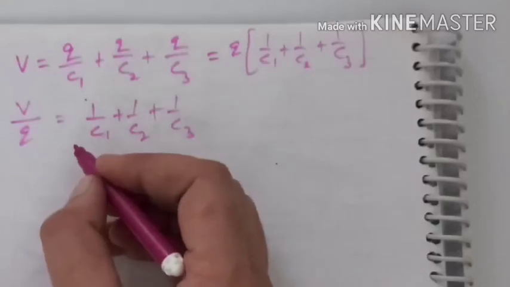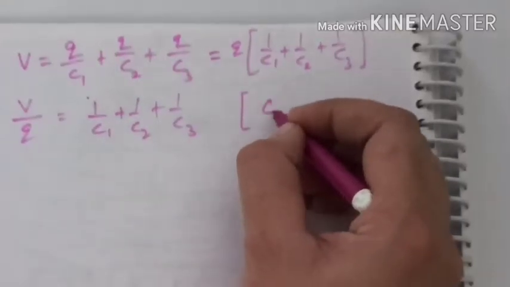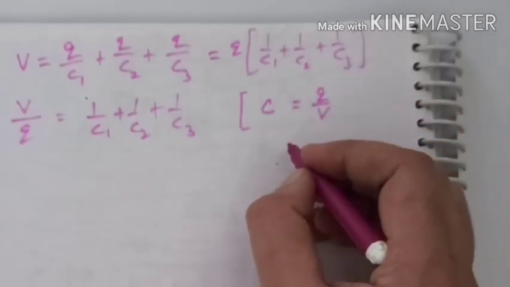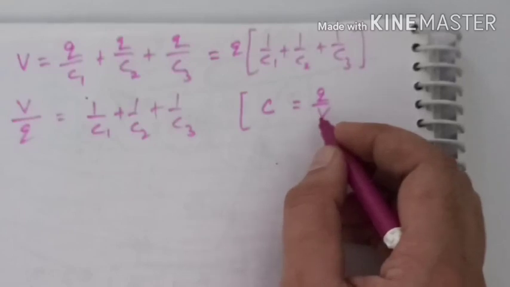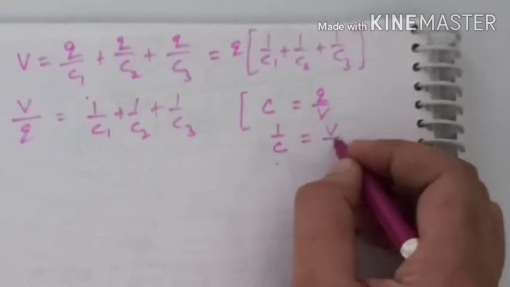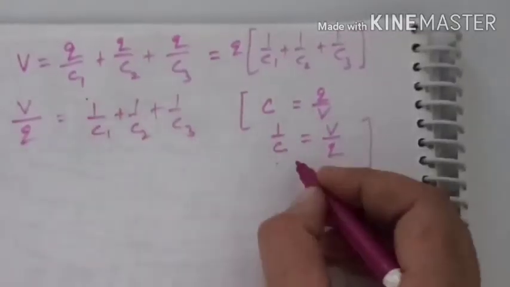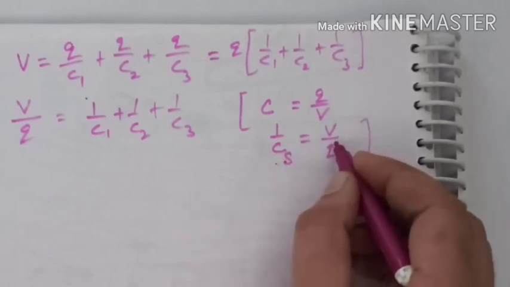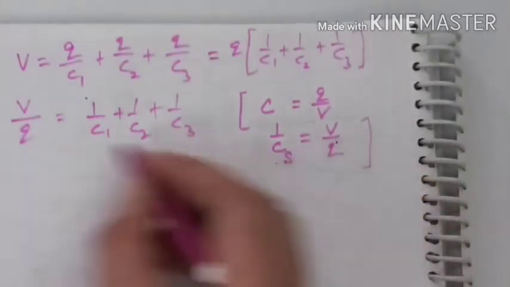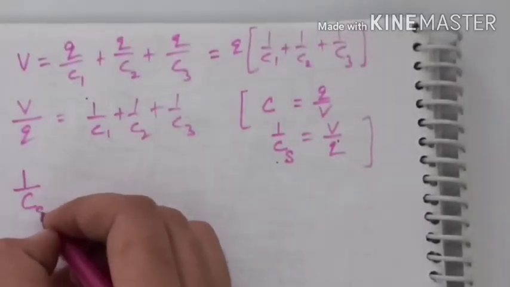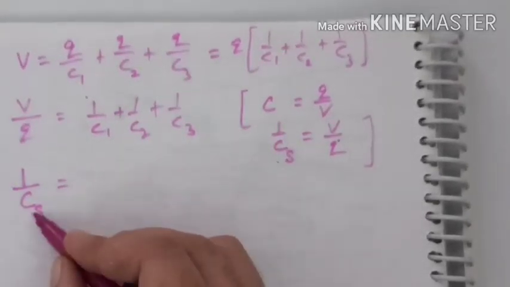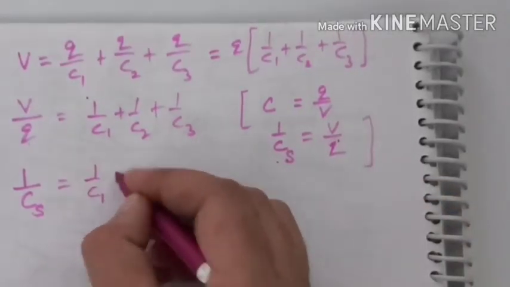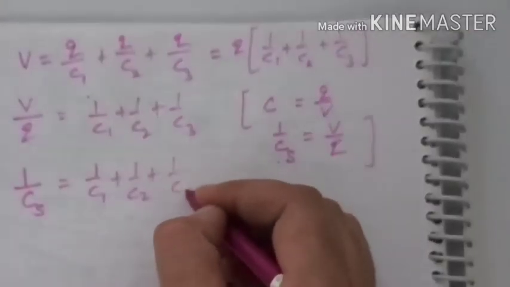We know that capacitance is equal to charge per unit potential, and the reciprocal of this equation is 1 by C equal to V by Q. Here S is for series. So 1 by CS is the value of V by Q, which is equal to 1 by C1 plus 1 by C2 plus 1 by C3.